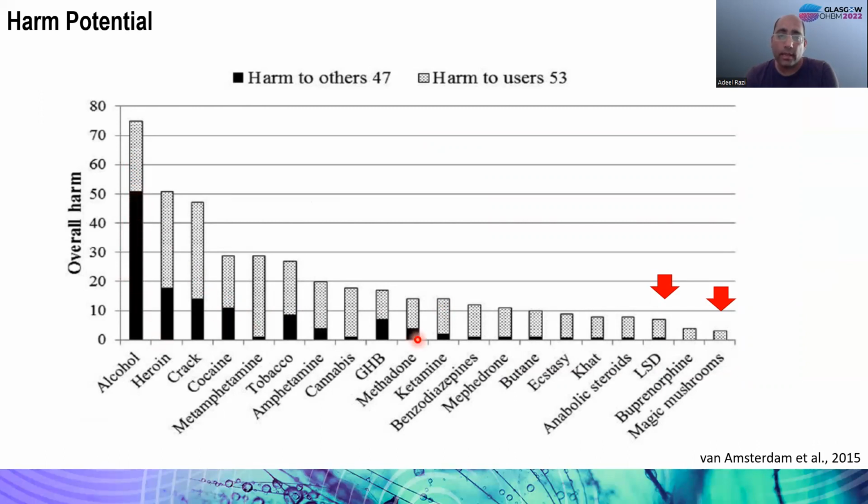As we see here, alcohol and tobacco and cannabis are pretty much at the other side of the spectrum compared to some of the psychedelic compounds like LSD and magic mushrooms. With a caution that these experiments with LSD and magic mushrooms, because of the legal requirements, are done in a very controlled research environment, which contributes to the results we see in terms of the safety.